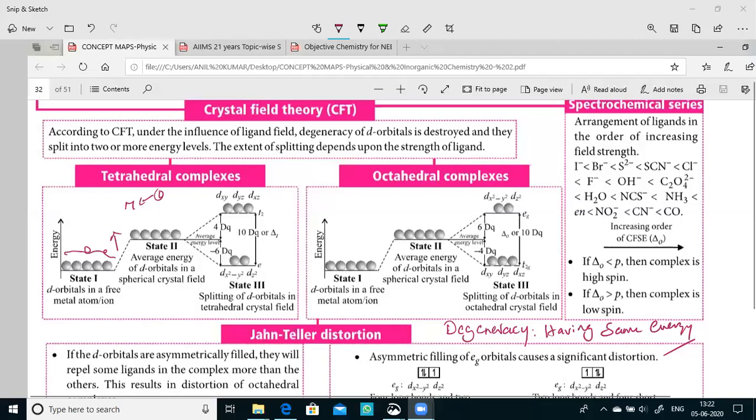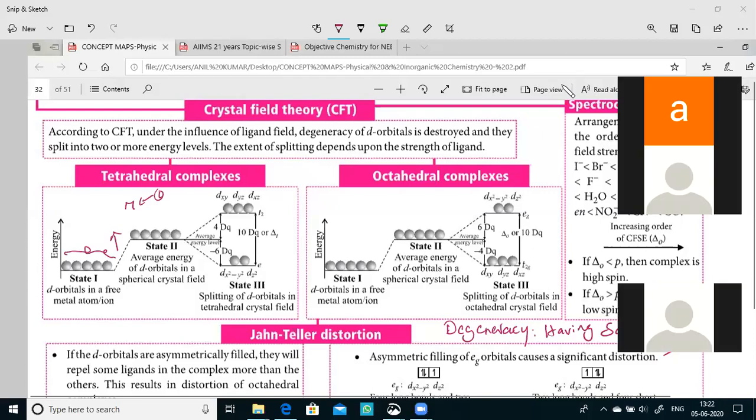Students, are you able to see the screen? Message in the chat box if you are not able to see the screen.